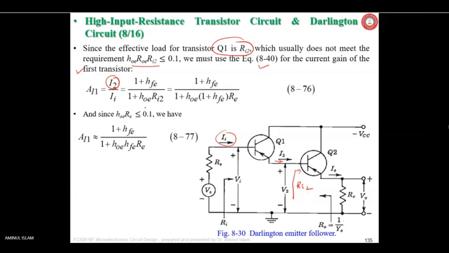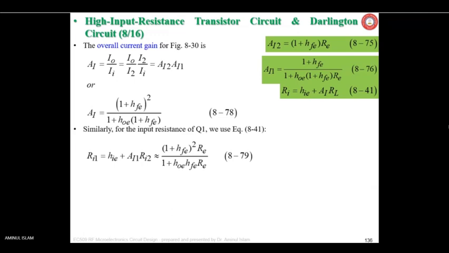Finally, if this condition is satisfied, then we will get this expression of AI1, the current gain of the first stage, that is Q1. The overall gain can be written as AI equals IO, the output current, divided by the input current, and hence it can be written in this way.